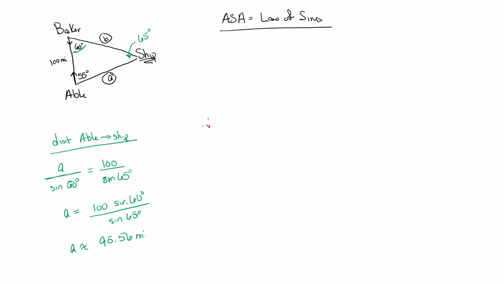Okay, let's find the distance from Baker to the ship. Okay, so Baker is going to be divided by the sine of 55 degrees, because that's the angle opposite of Baker's distance. And again, 100 miles divided by the sine of 65 degrees.